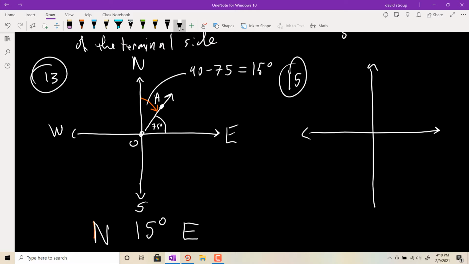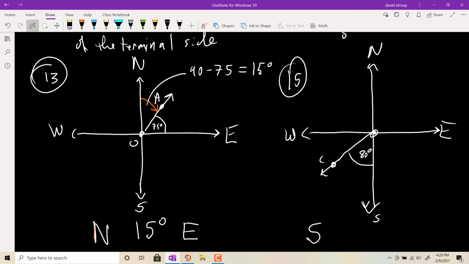Okay, and in this problem, we want to find the bearing from O to C, where again, O is right here, and then C is right here, and they give us the angle, this time the angle that we want, 80 degrees. Okay, so again, this is north, east, south, west. So the first thing you write is, we're coming down from the south. Okay.